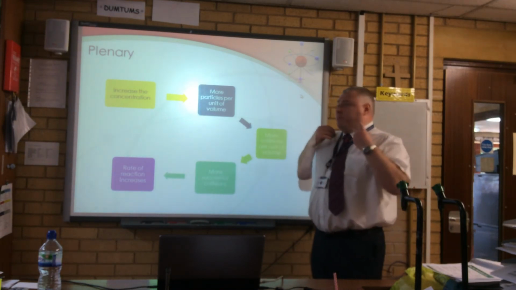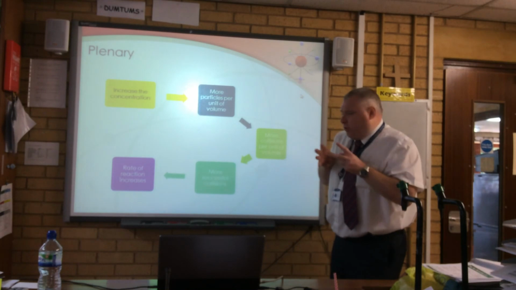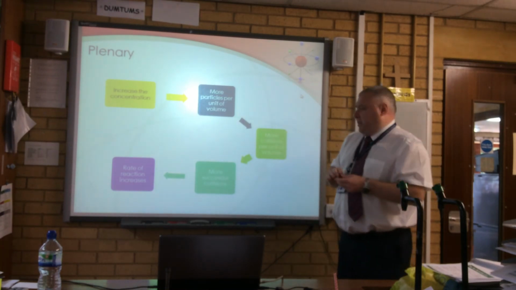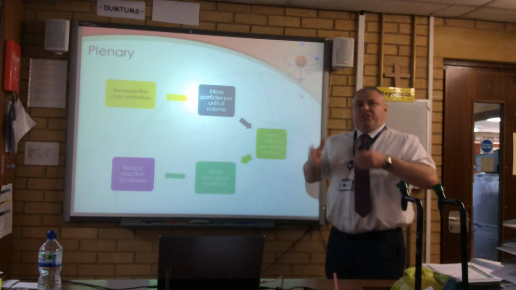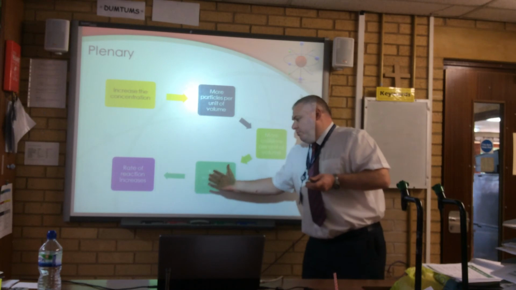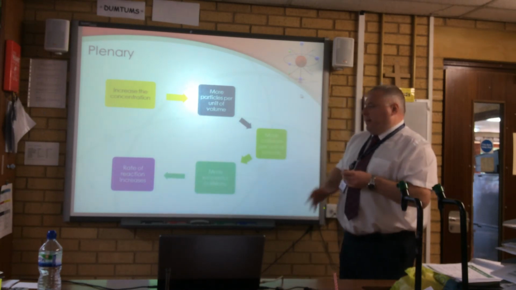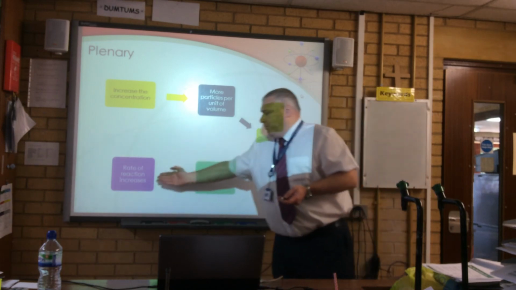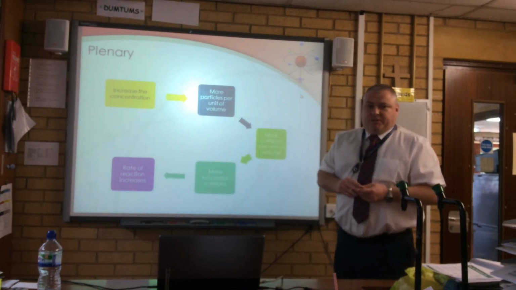So if there's more particles in an enclosed space, that's going to lead to more collisions within that space. And if you're increasing the number of collisions, well, proportionally speaking, that would lead to more successful collisions. And if you increase the number of successful collisions, that would then increase the rate of reaction.